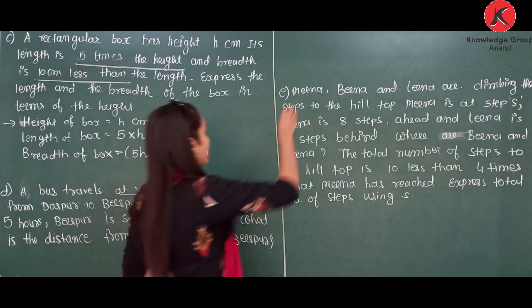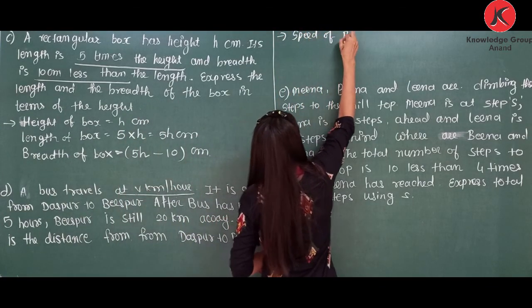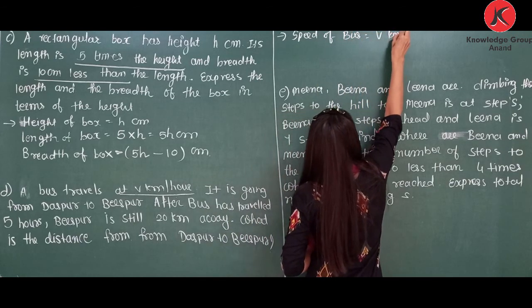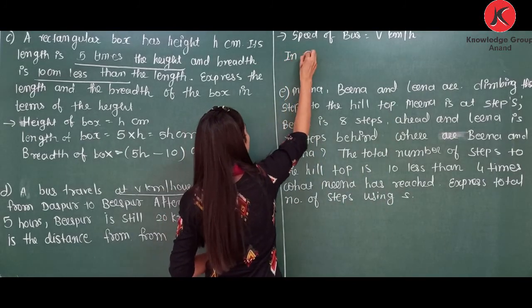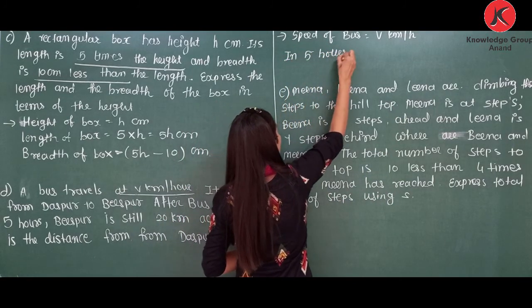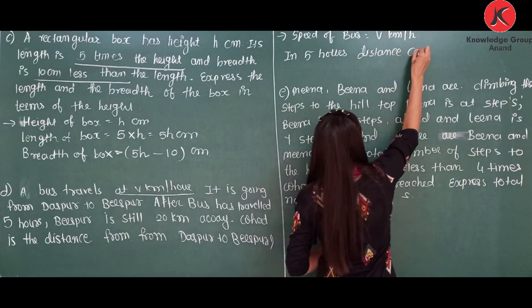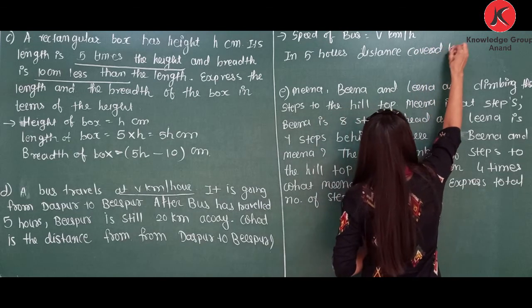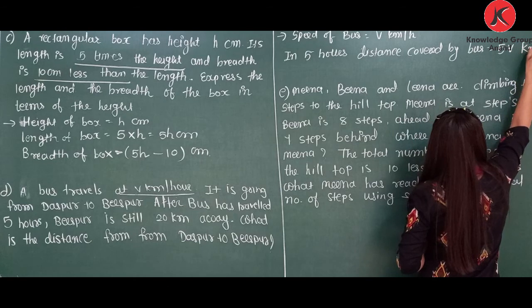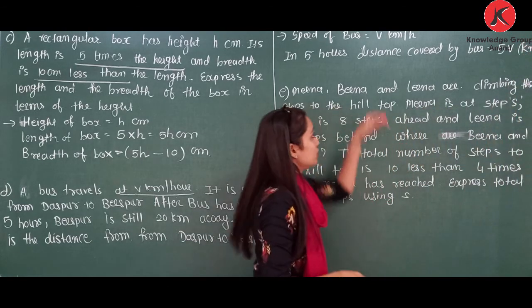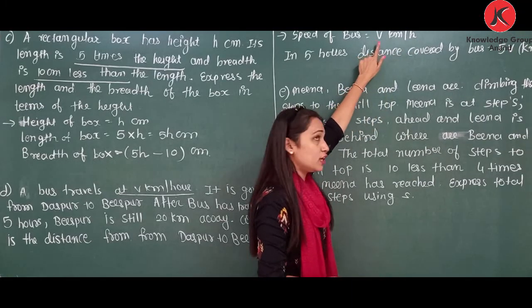Clear? So here we can write, speed of bus is v km per hour. It means in 1 hour v kilometers can be covered.